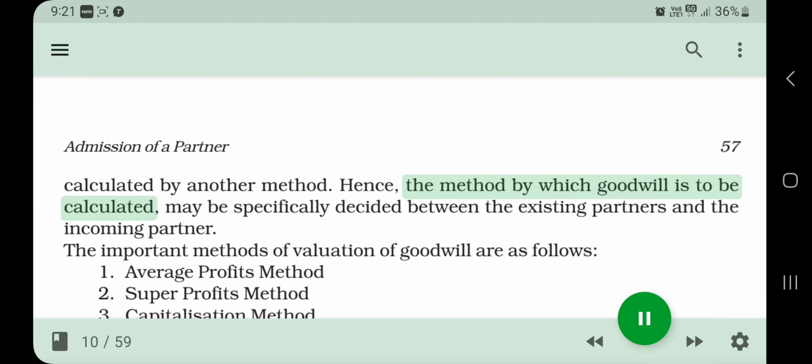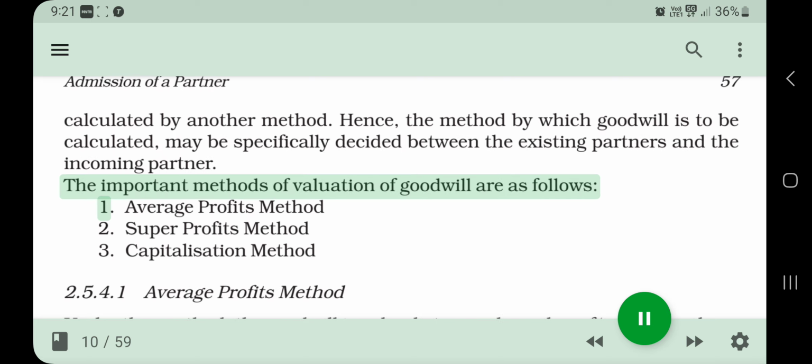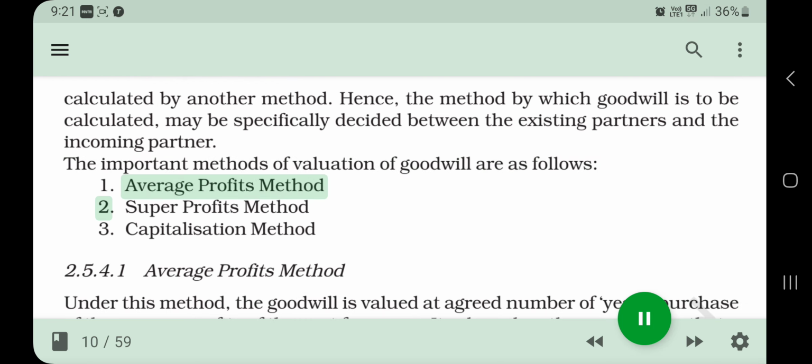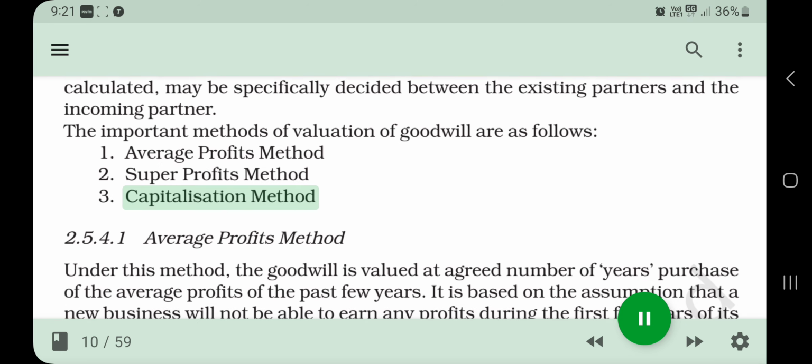Hence, the method by which goodwill is to be calculated may be specifically decided between the existing partners and the incoming partner. The important methods of valuation of goodwill are as follows. 1. Average profits method. 2. Super profits method. 3. Capitalization method.